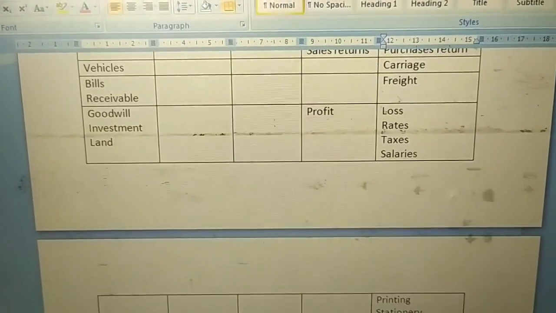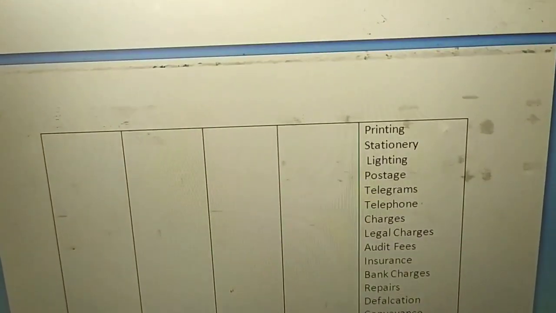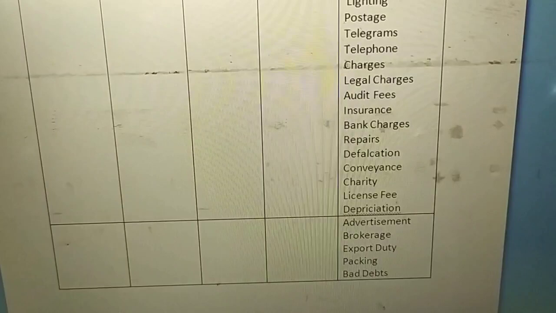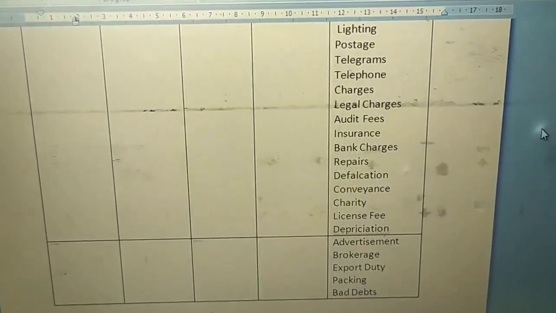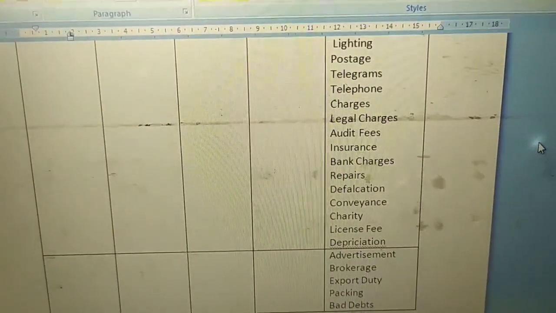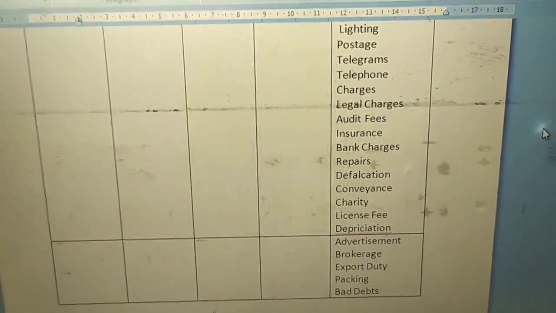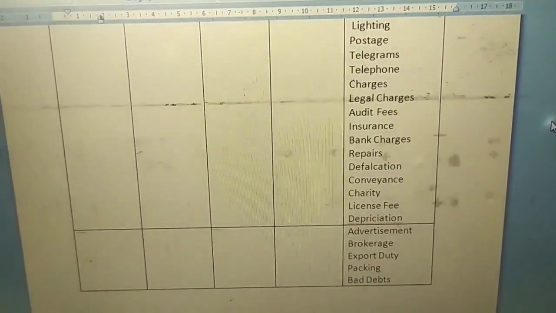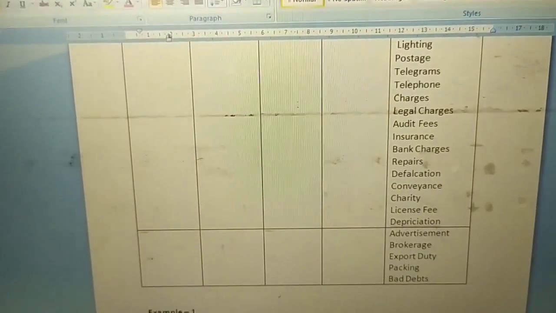Losses, rates, taxes, salaries, printing, stationery, lighting, postage, telegrams, telephone charges, telegram charges, legal charges, audit fees, insurance, bank charges, repairs, defalcation of money or cash, conveyance, charity, license fee, depreciation, advertisement, brokerage, export duty, packing, bad debts. These are all expenses. The list is still inexhaustive, I will say, because some items might still be there.